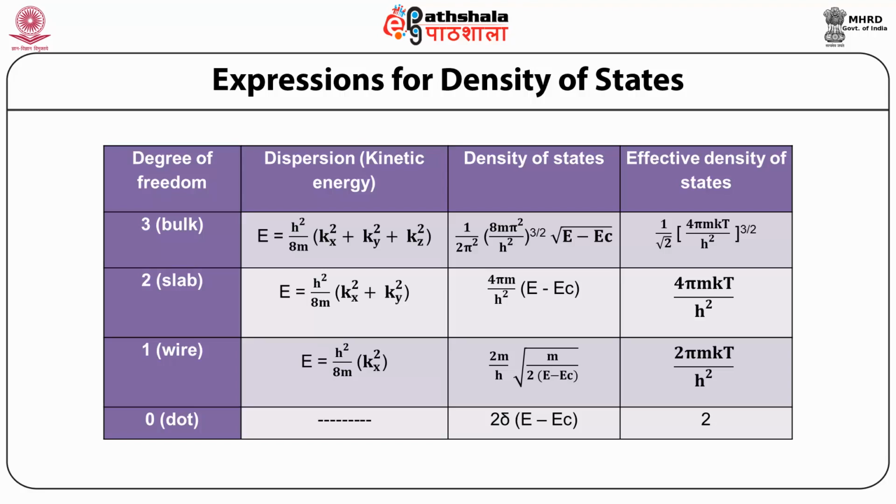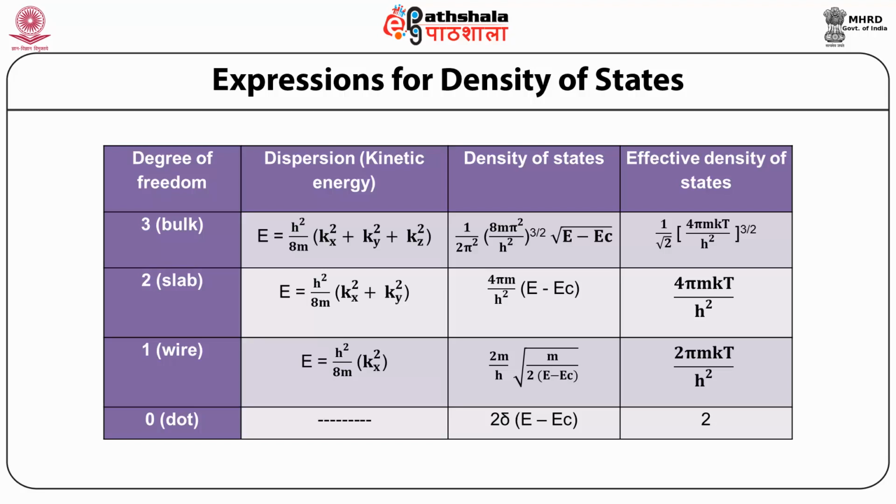However, the density of states is 2m by h under root m by 2 (E minus EC), and the effective density of states is 2 pi m kT by h square. And in the case of a quantum dot, where the degree of freedom is 0, the dispersion is not applicable, whereas the density of states is 2 delta (E minus EC), and the effective density of states is 2.